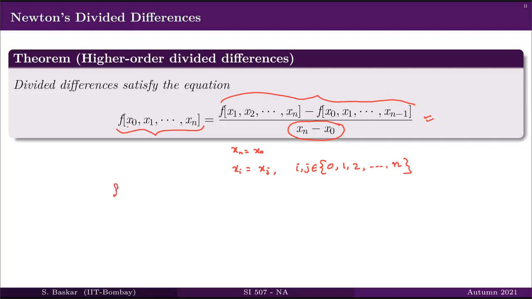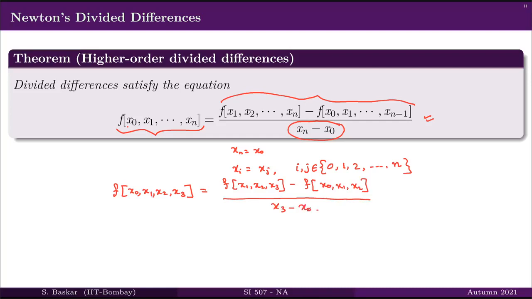Say, for instance, let us take, say, x0, x1, x2, x3. Its formula is given by f of x1, x2, x3 minus f of x0, x1, x2, right, divided by x3 minus x0, right? If x3 is equal to x0, it is very clear that this formula has a problem.